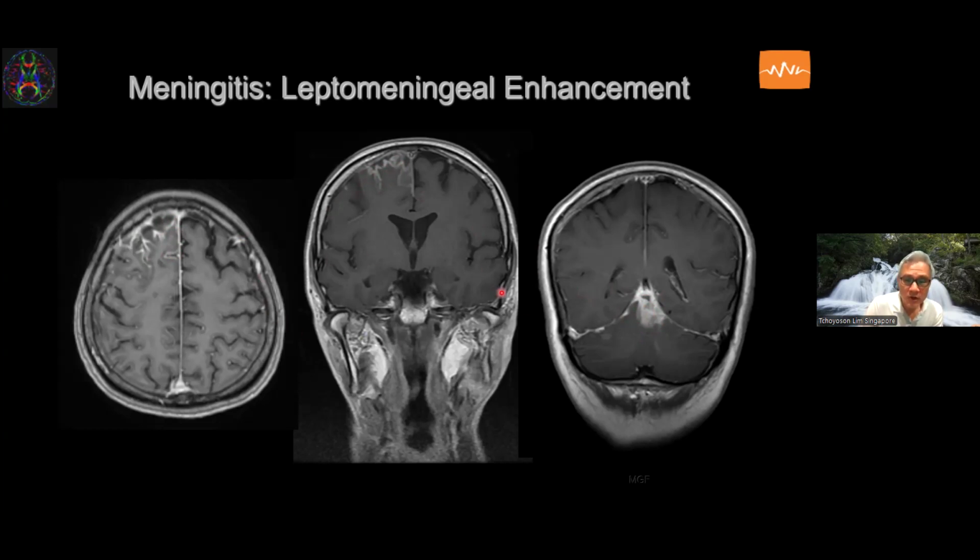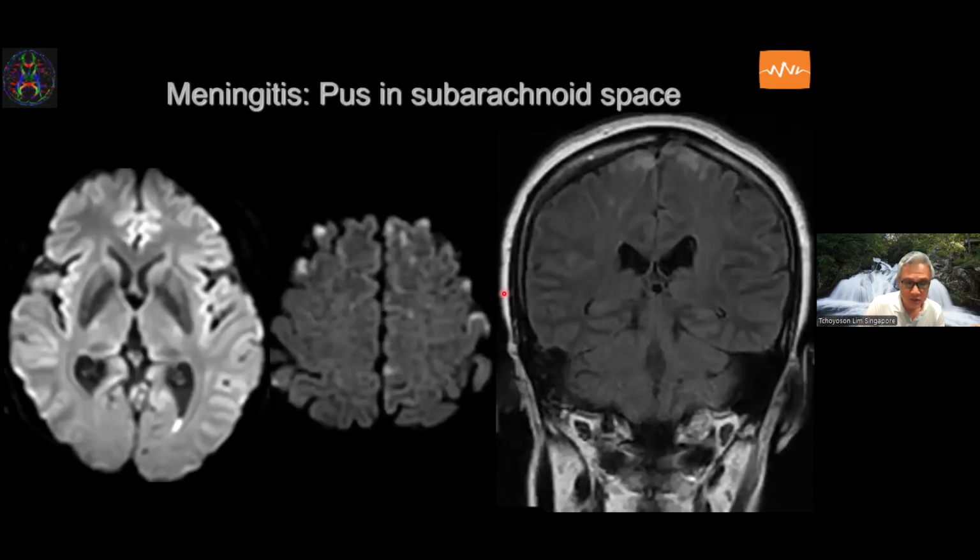If we don't perform contrast injection and we depend on T1 or T2 weighted MR images, the leptomeningeal inflammation isn't visible. However, when there is pus in the subarachnoid space in meningitis, FLAIR imaging may be helpful, but the diffusion weighted MR imaging is very, very sensitive to small amounts of pus.